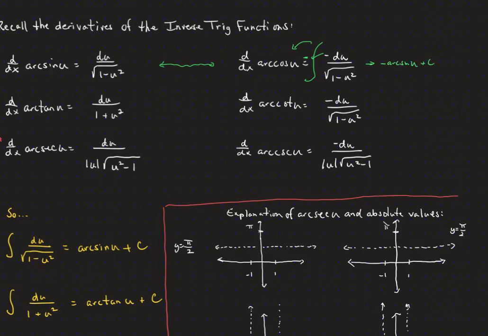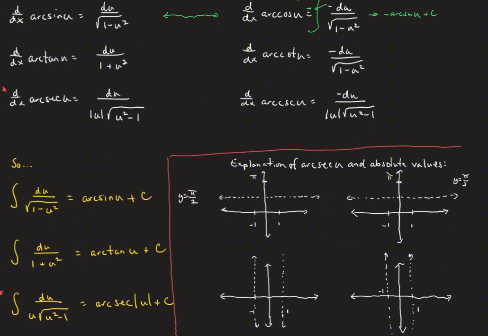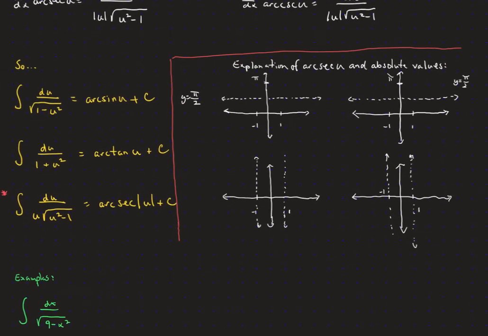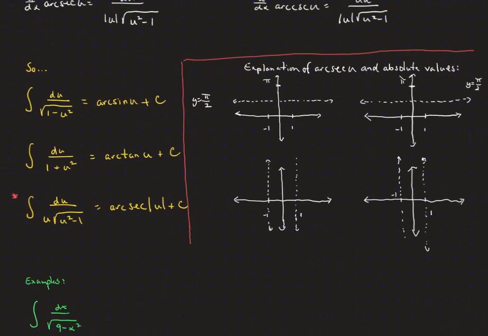Because these three derivatives on the right are only different by a negative sign than the three derivatives on the left, we are only going to get three antiderivatives or integrals of these expressions. So we're only going to get an arc sine, an arc tangent, or an arc secant.